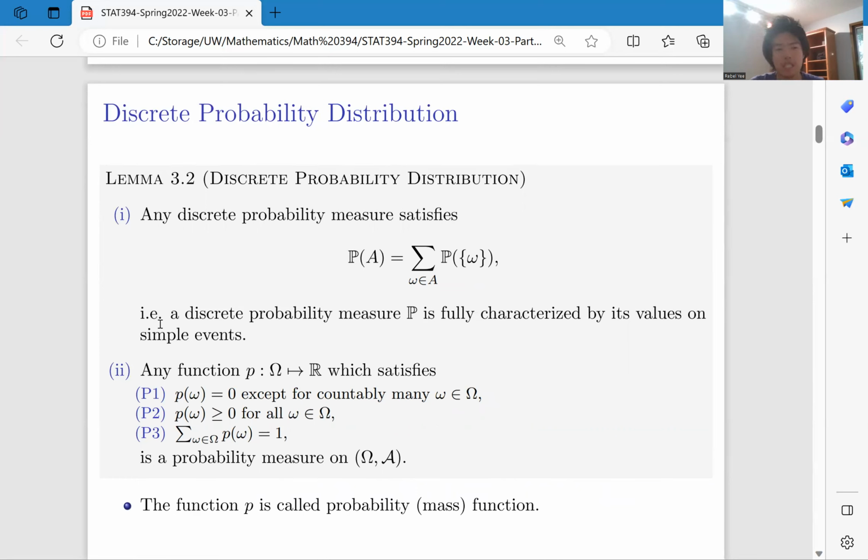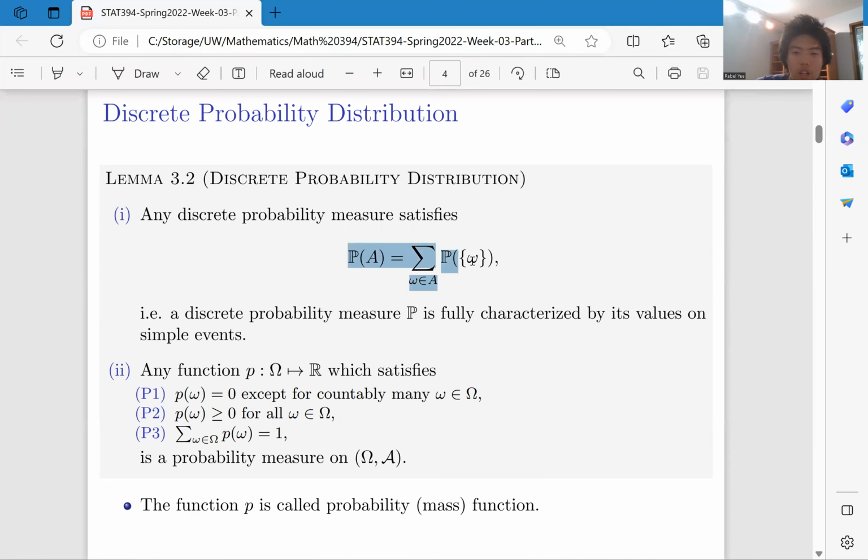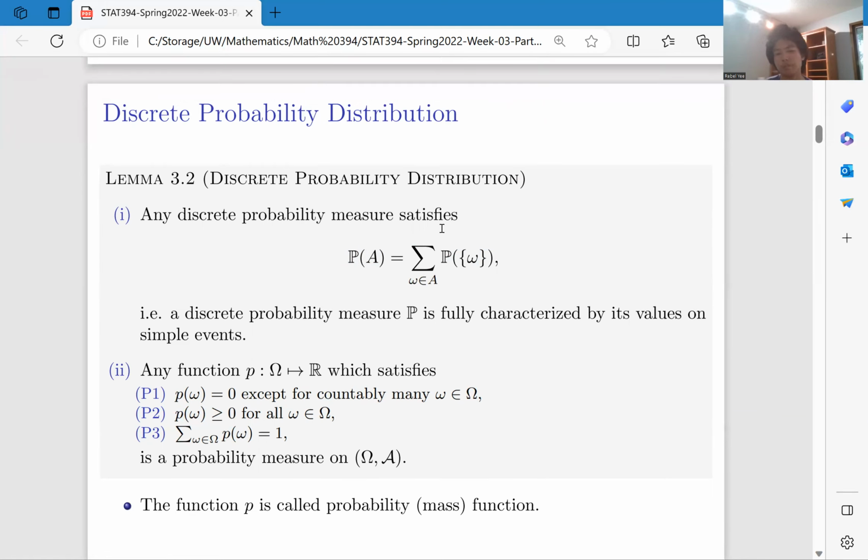Remember, every event is a set, and each set can be separated into pairwise disjoint subsets of only one element. If we sum up those probabilities together, the outcome is A. So this definition is the sum of the probabilities of the simple events in A. We sum them up, and that's the probability of the event A.